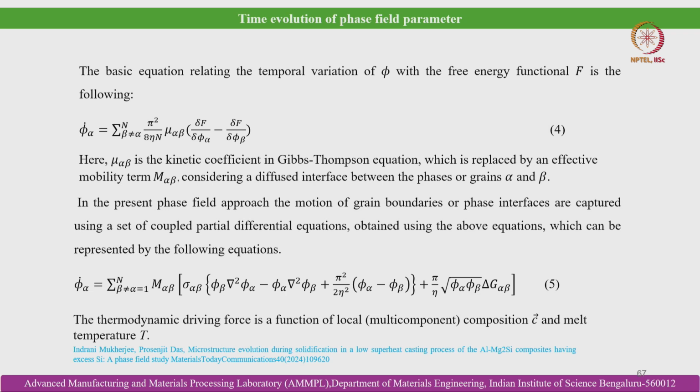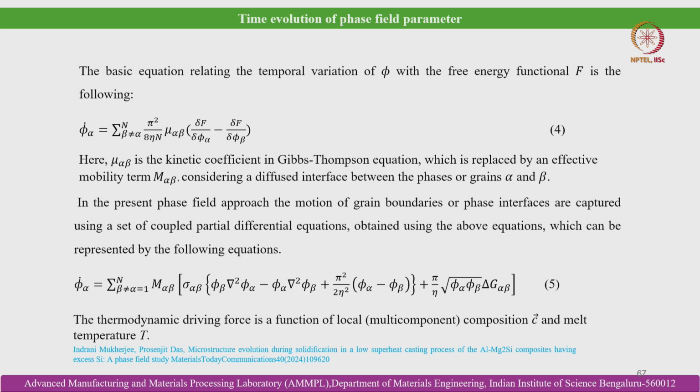Phi alpha dot is equal to the summation over beta not equal to alpha to n of pi square by 8 eta n mu alpha beta into delta F by delta phi alpha minus delta F by delta phi beta.